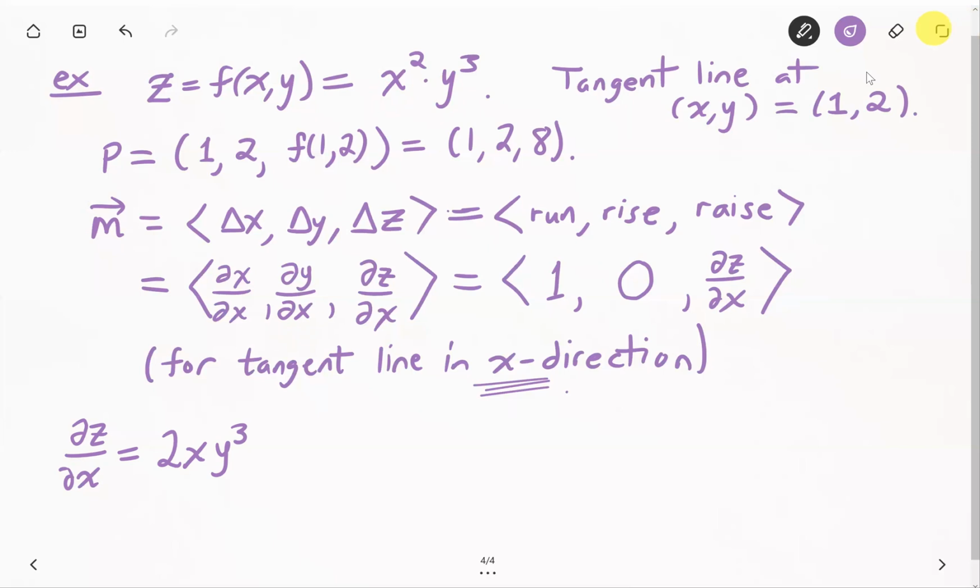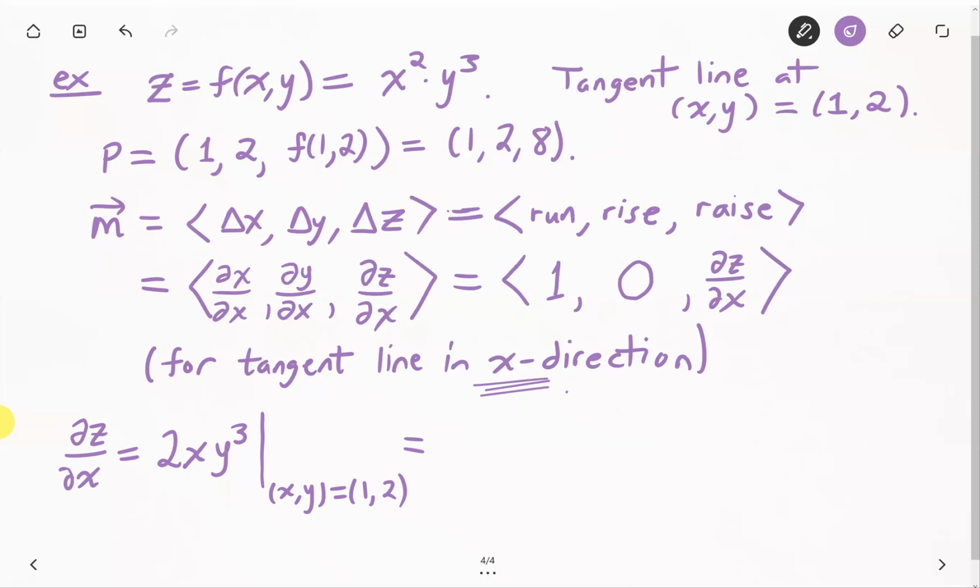We're also specifically interested in the tangent line when x, y is equal to 1, 2. So I'm going to take this formula for the derivative, then I want to evaluate it, which we sometimes indicate with a little line down here. I want to evaluate this when x, y is equal to 1, 2. And so I'll go ahead and plug 1 and 2 into the derivative.